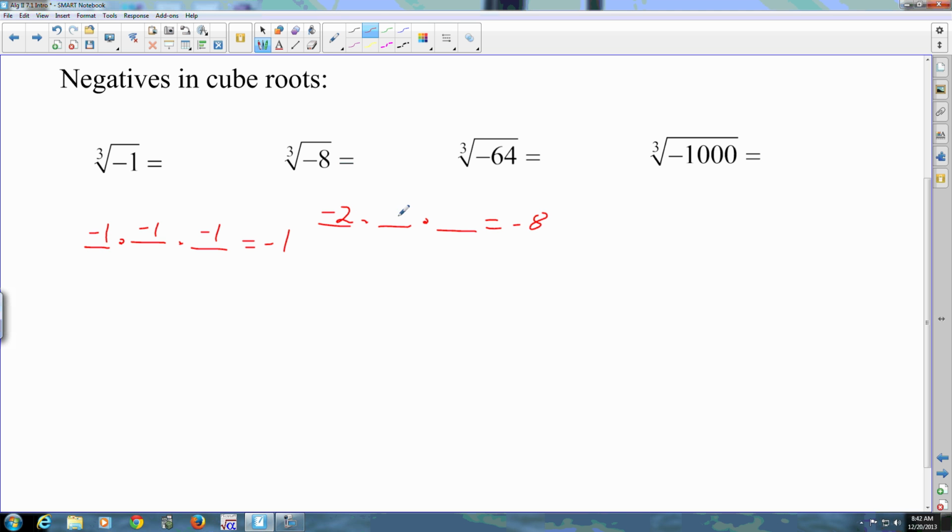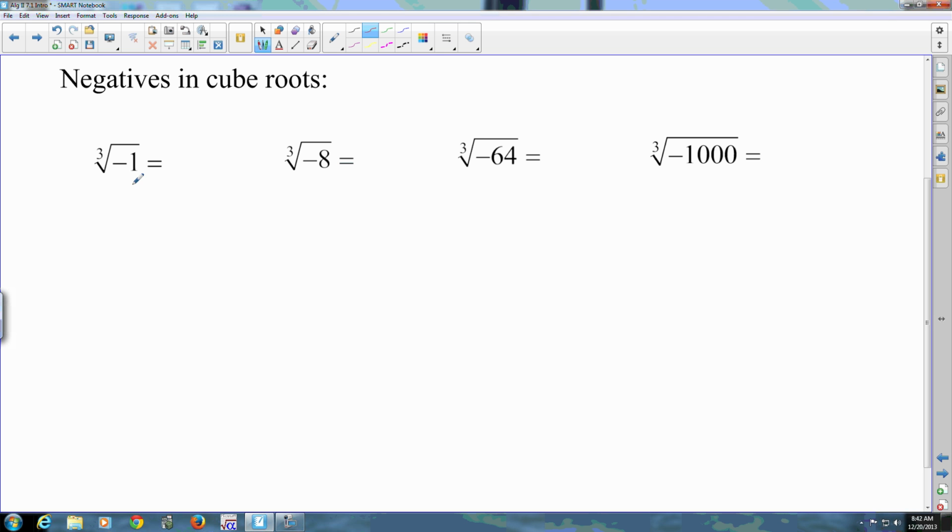Well, that would be -2 times -2 times -2. This is looking for what times itself 3 times is -64. Okay? The answer is going to be a negative number because you're multiplying it an odd number of times. Your what times itself an odd number of times is this negative number. So automatically, your answer is going to be negative.